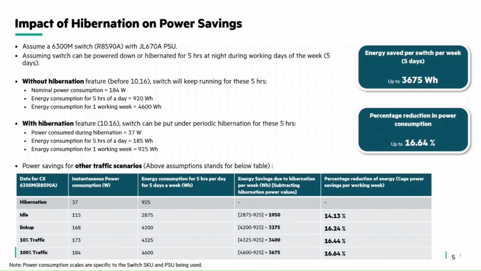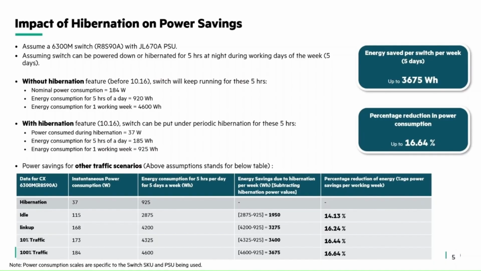Let's make some assumptions to understand the impact of hibernation on power savings. Assume a 6300 switch with a JL670A power supply unit on it, and an environment where the switch can be powered down or hibernated for 5 hours at night during the working days of the week.